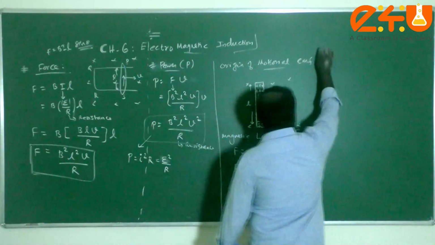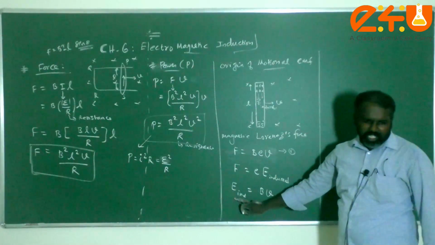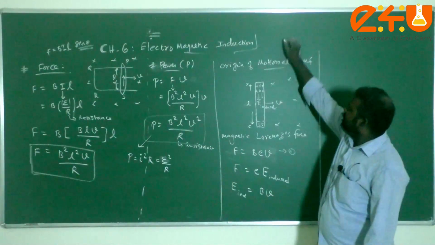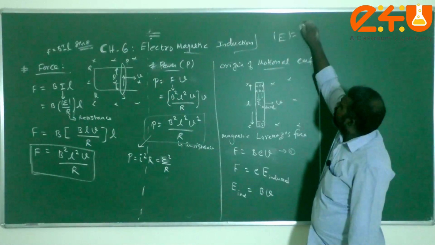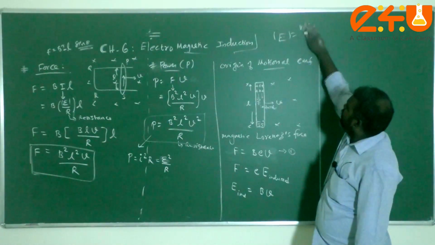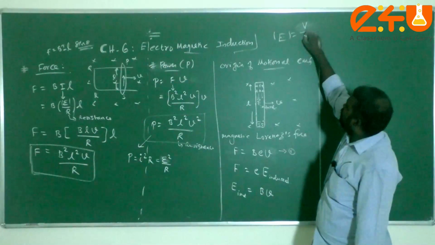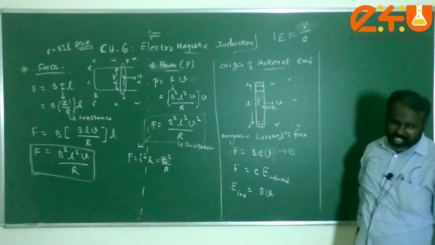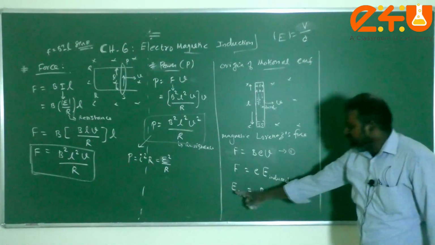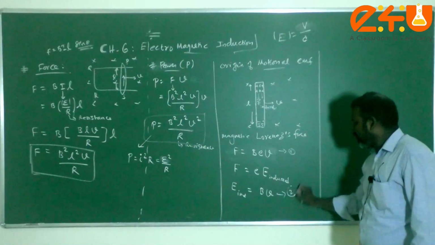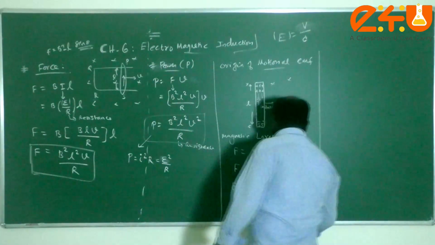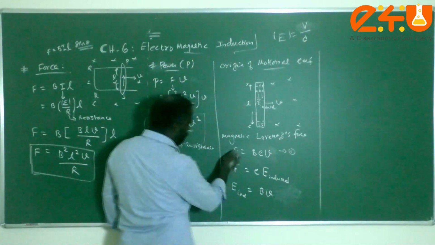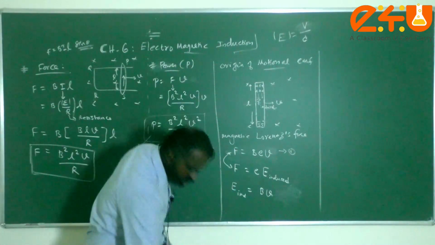Now, we know that in electrostatics, the magnitude of the electric field is voltage V by X or V by D, that is, the potential gradient. This is equation number 2. Just equate equation 1 and these two equations, so you may get a clear idea.